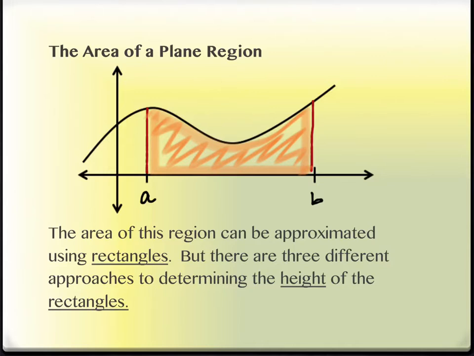So if I split the region in half, and then I split it in halves again, and I were to draw in vertical pieces, you can imagine that there are rectangles, but the rectangles don't have a straight top on them, right? There's this sort of variable shape at the top that makes it not actually a rectangle, but if you had more of them, you could get closer to rectangles.